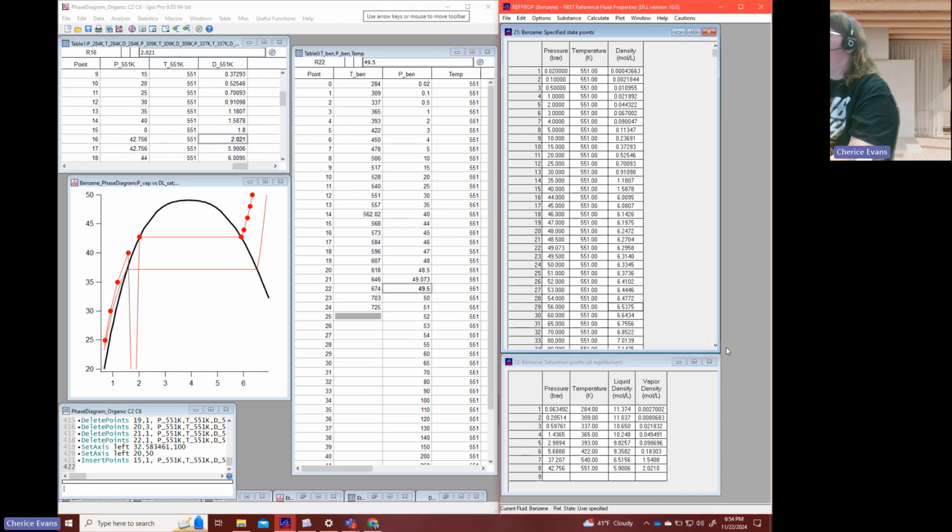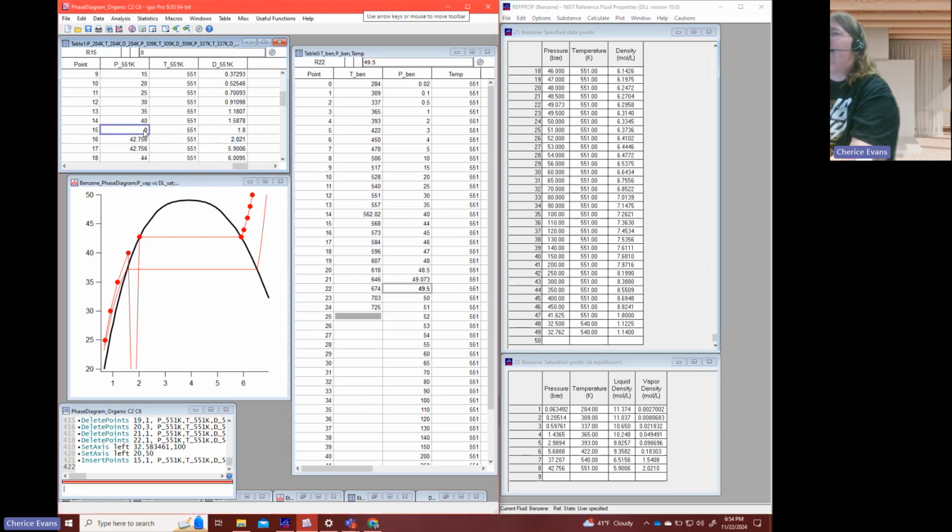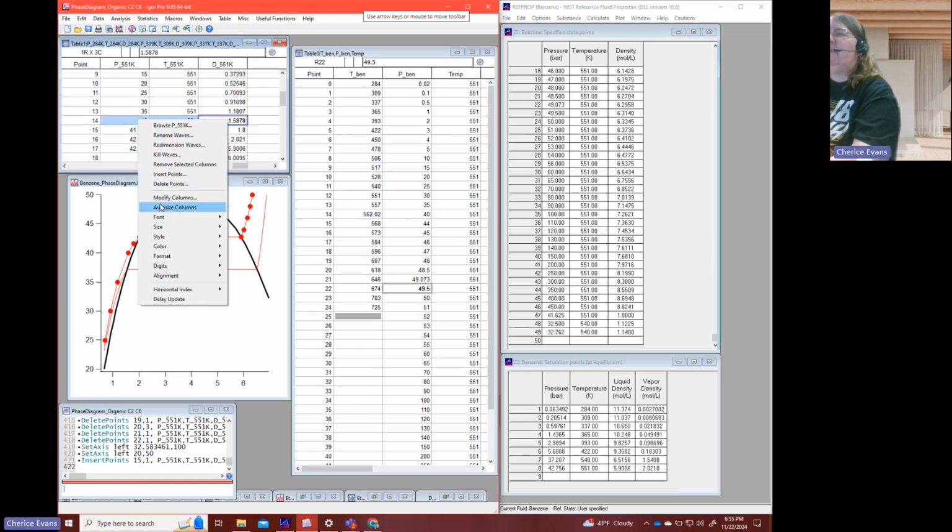So I'll come to this and 551, 1.8. So that would give me 41.625. And then in this region, I have 1.6 and 1.2, so the same thing.